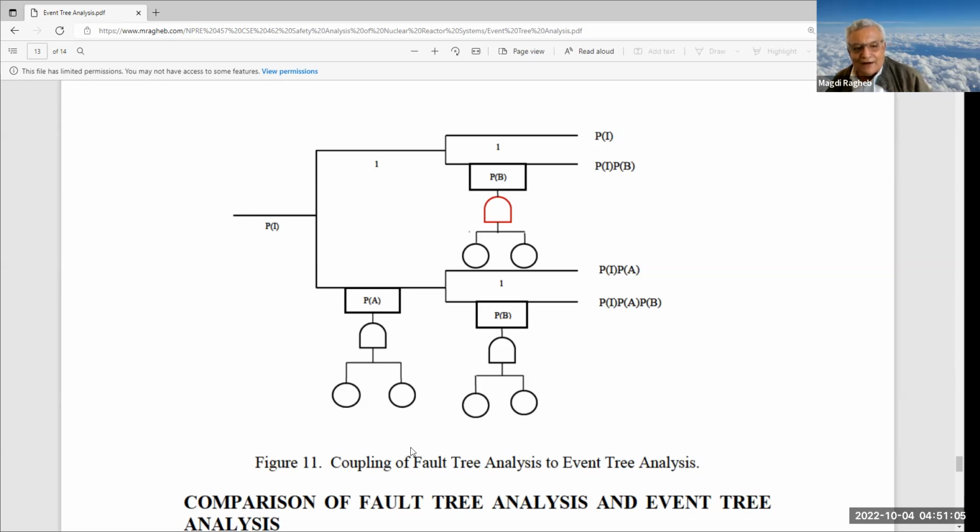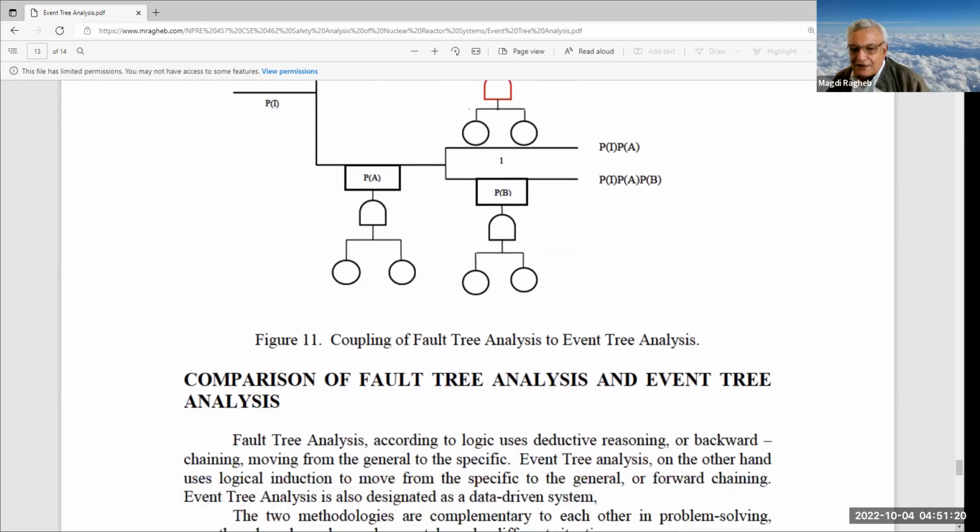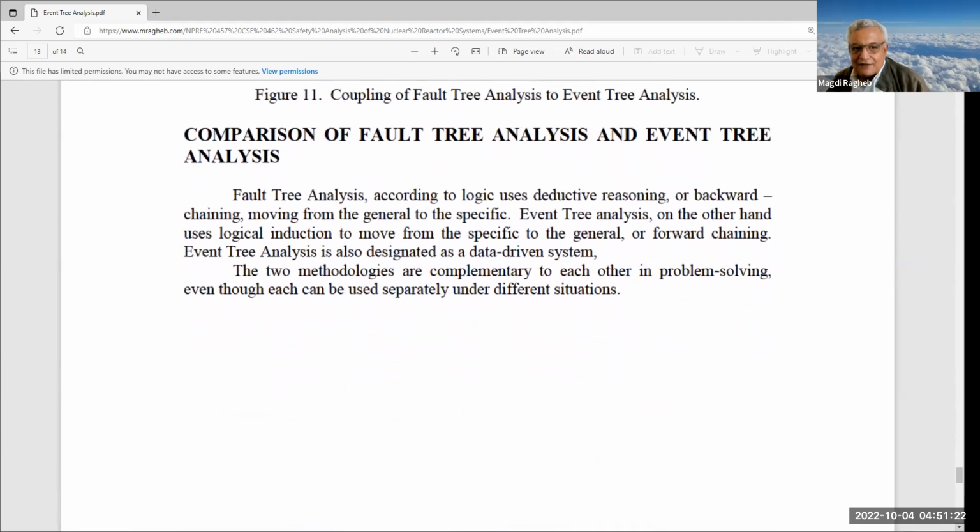You could see they're combined together. The event tree is here, and the probabilities of failure, all of them are determined by fault trees. So we use a combination of deductive and inductive logic.